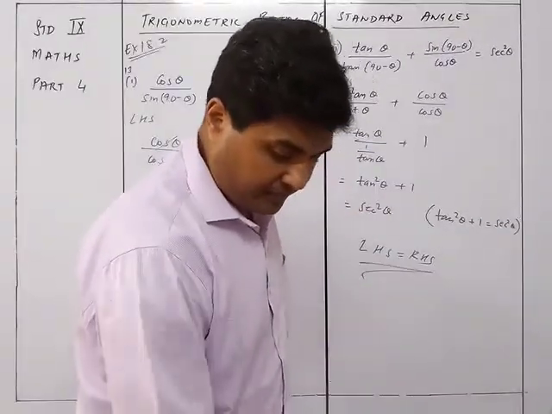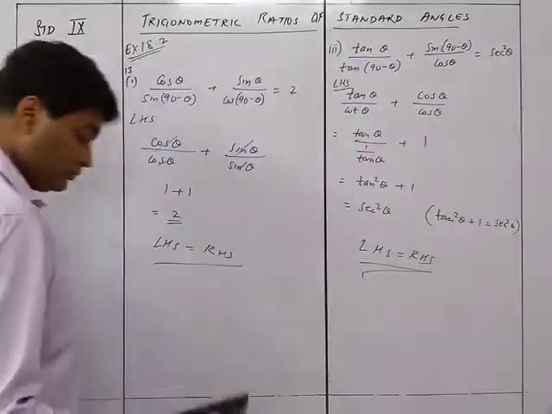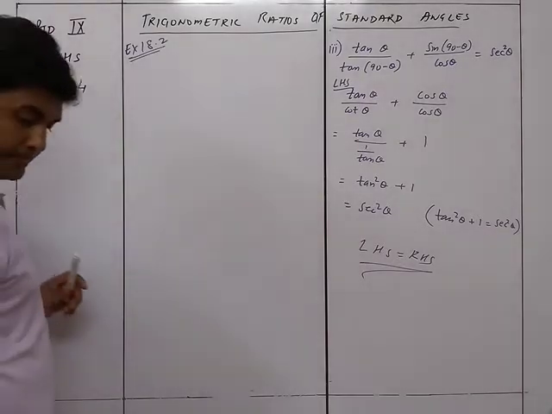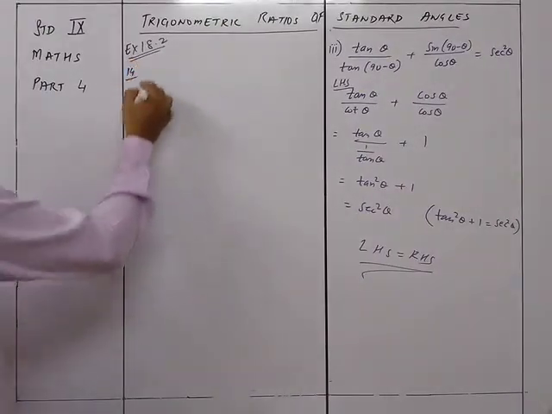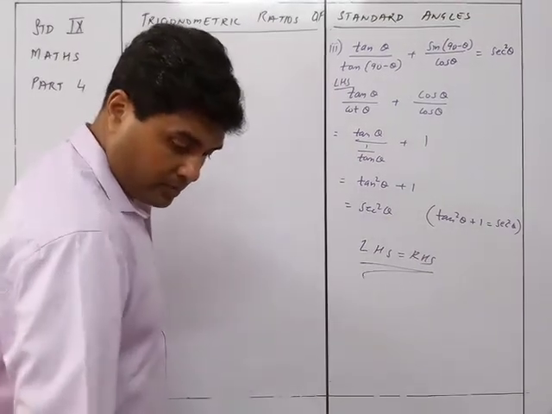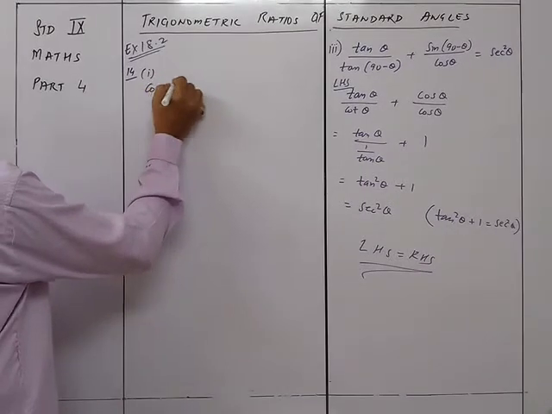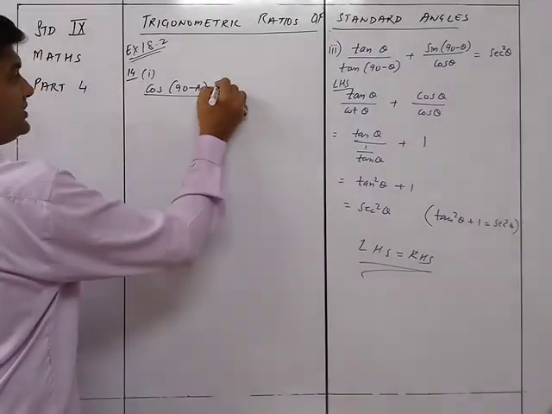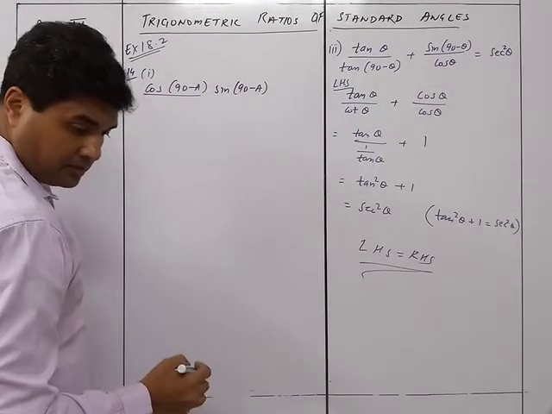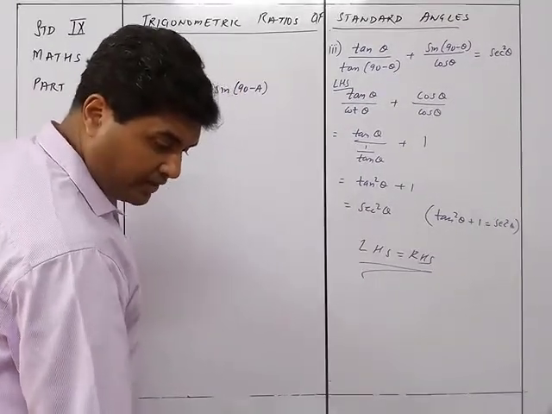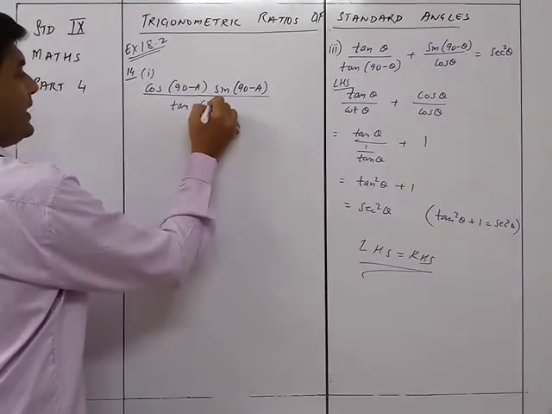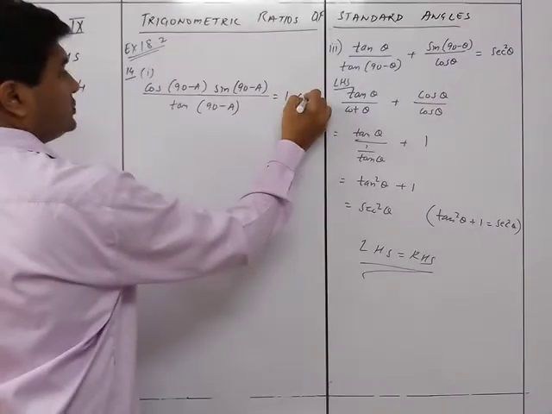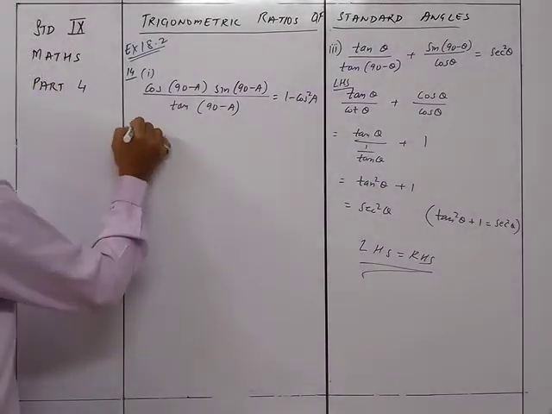We now move on to sum number 14. You have to prove that cos 90 minus A into sin 90 minus A upon tan 90 minus A is equal to 1 minus cos square A. So we take the LHS first.